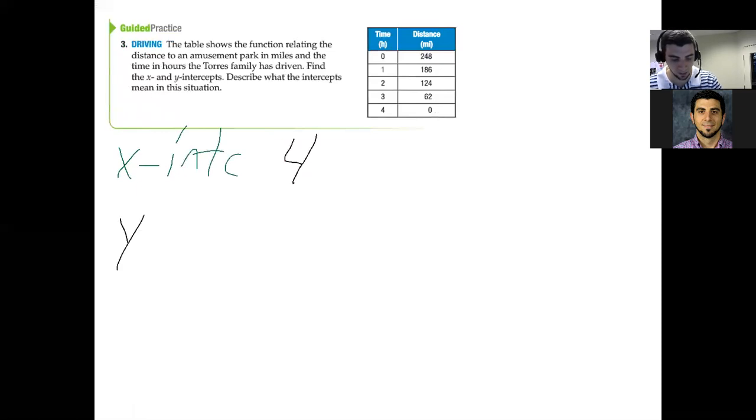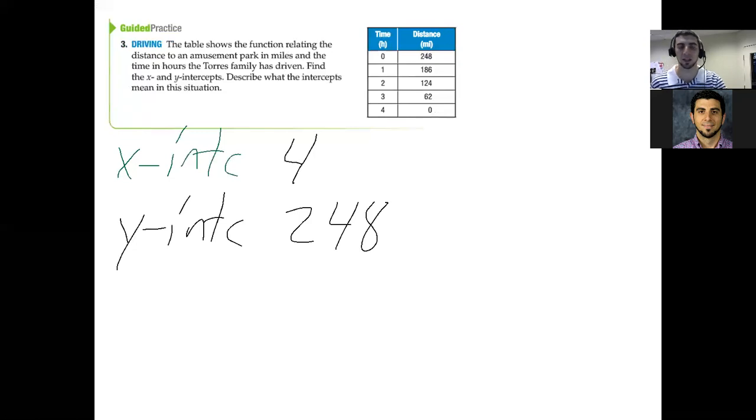The y-intercept is 248. Now, how did I know it was x and y and not reversed? Well, usually in a table, the x is here and the y is here. Also, the independent variable is x and the dependent variable is y. And typically, your distance depends on how long the time that you've been driving.